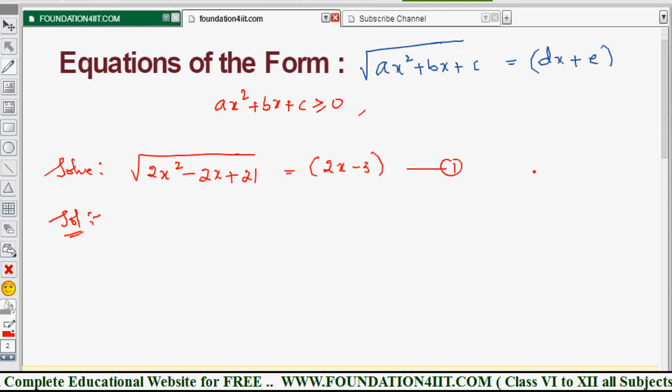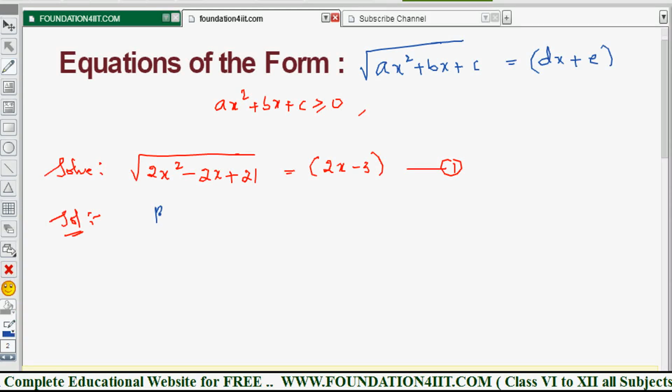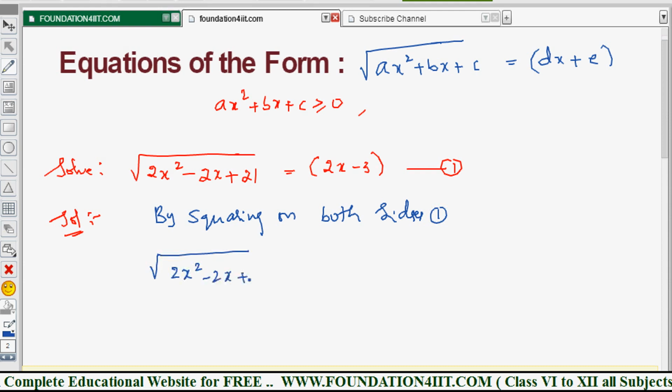First let us simplify. Now squaring on both sides because we need to remove the square root. So by squaring on both the sides from equation 1, that is square root of 2x square minus 2x plus 21 is equal to 2x minus 3.